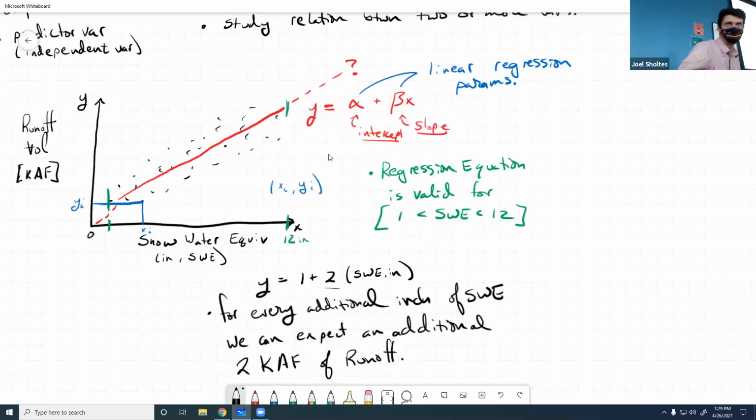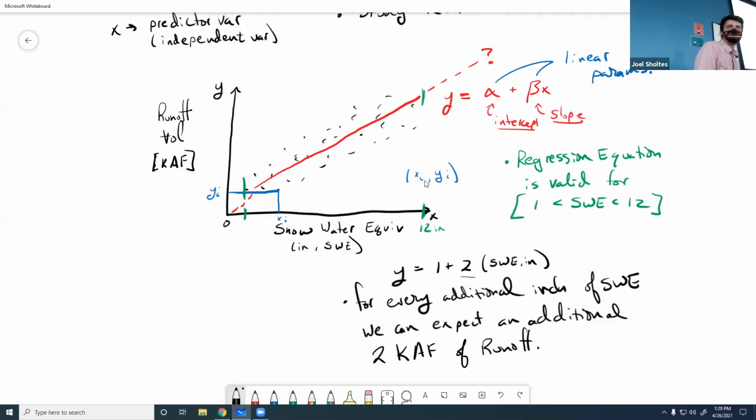Okay, so that's linear regression. And actually, sorry, let me make a couple more points here. When we look at this scatter of data, we can say that we see a positive linear relationship between SWE and runoff.